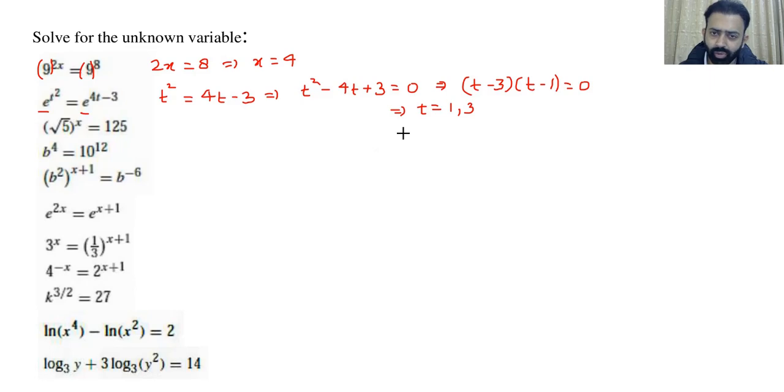You can verify also, because in exponents the verification of the solution is recommended, because sometimes it happens that the solution does not fall under the domain of the given function.